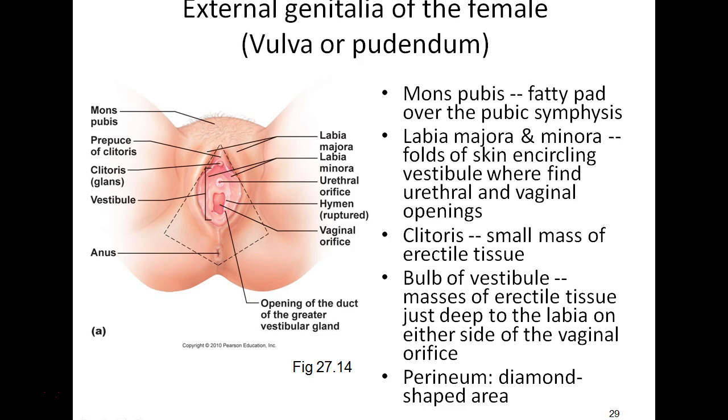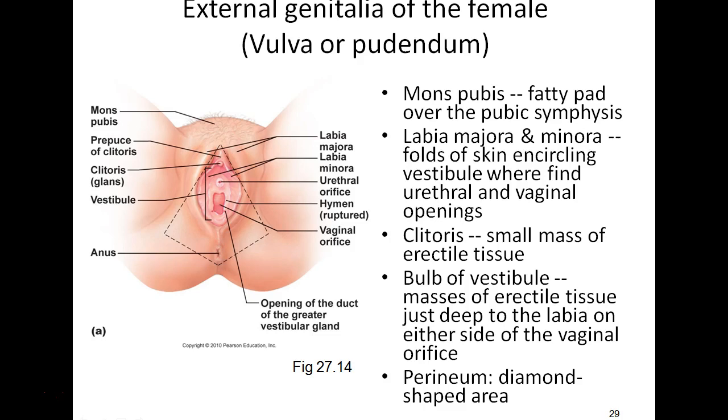And these are going to be housed within the posterolateral walls of the vestibule, and they're going to secrete mucin. And mucin, in other words, is going to then form mucus, and that's going to act as a lubricant for the vagina, and that lubricant aids with sexual intercourse.